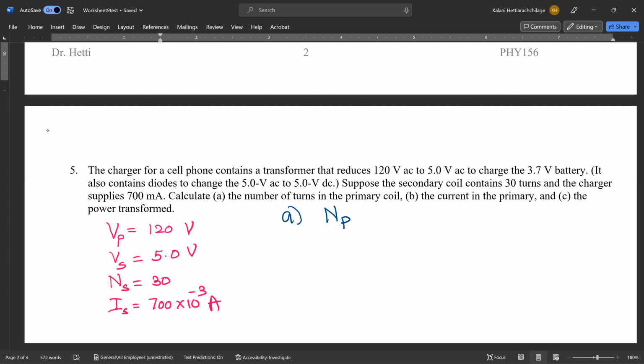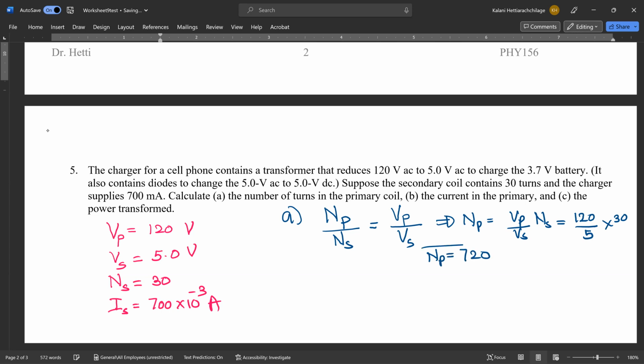Whichever transformer you are using, the ratio of NP to NS will be exactly equal to the ratio of the voltages. So now you just need to find NP from here. NP is equal to Vp over Vs times Ns. So that will be 120 over 5 times 30.